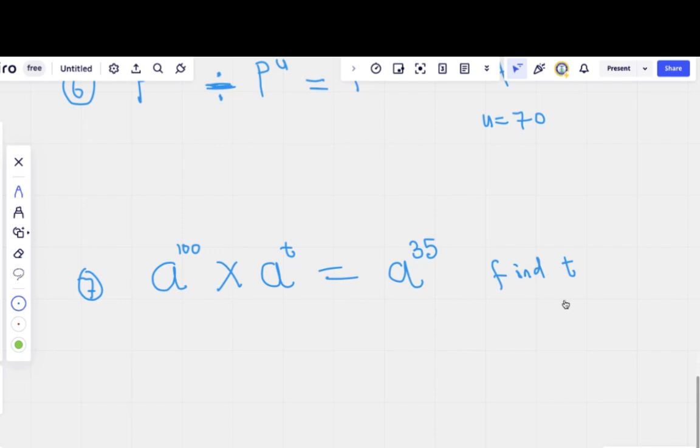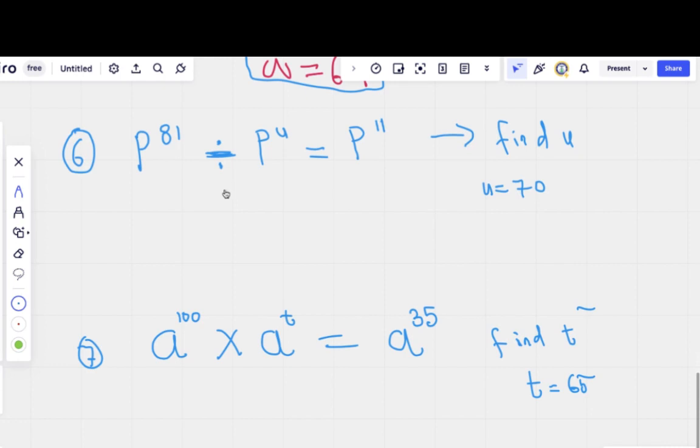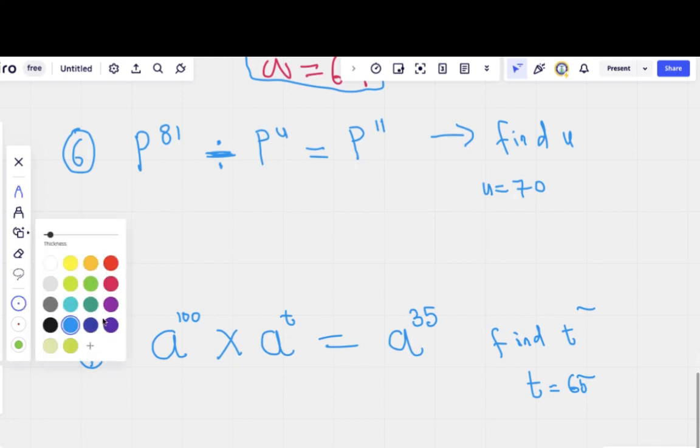Yes, T for number 7, it's 65. T is 65. Okay. Now let's find out. I think you are right. First I got 135, but then it didn't make sense, so I redid it. Okay, let's see why it took so long.